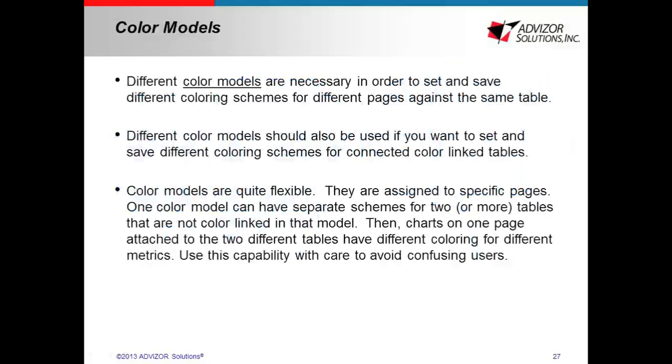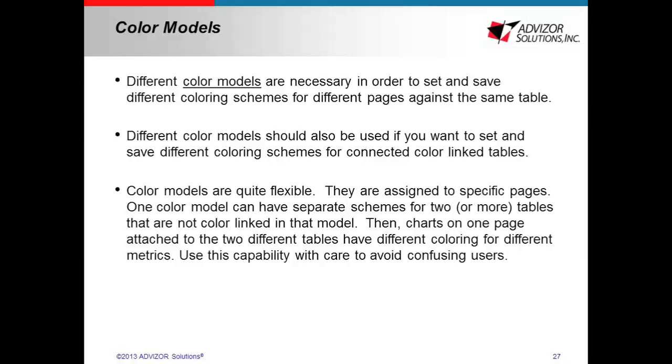Some quick tips before I move on to the software. Like I said, color models are necessary to set and save different color schemas for different pages. Color models also let you have different color links on different pages.